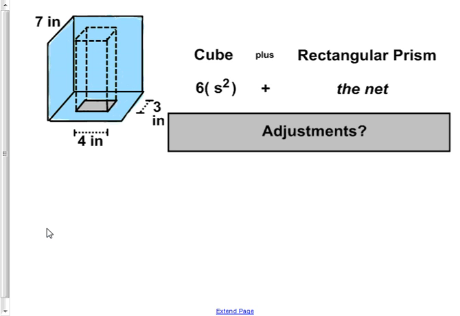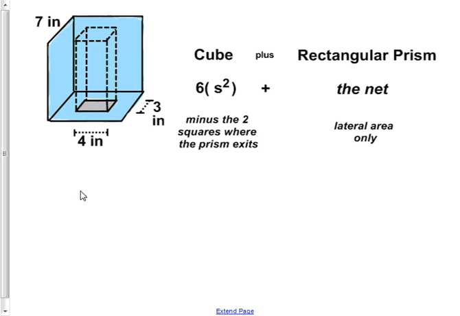Okay, and on the smaller rectangular prism, we have only the long sides that are traveling through our large prism. Only those long sides are going to be added in. As you can see, we have a gap running all the way through this large prism, so we do not actually get the bases.